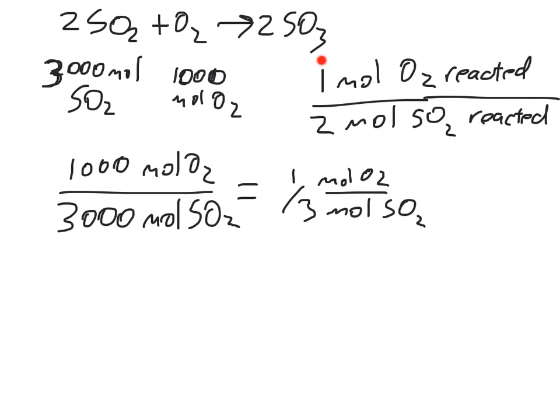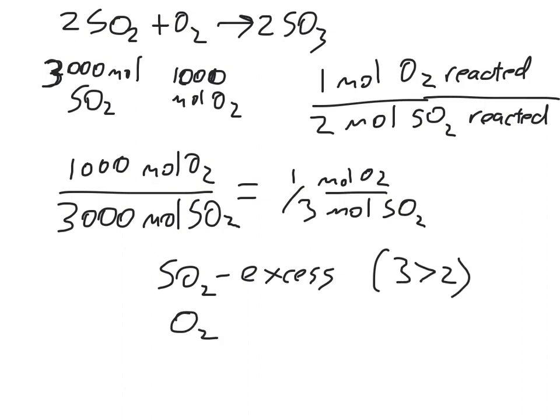So 1 and 1 here, they match for the moles of O2, but the numbers on the bottom don't match. That's 2 and that's 3. This 3 is bigger than 2. And what that's telling us is that we have a lot more SO2, since this 3 is bigger than the 2, than we would need for the complete reaction. So in this case, SO2 is in excess. That's again 3 greater than 2. And then O2, the other species, is limiting.